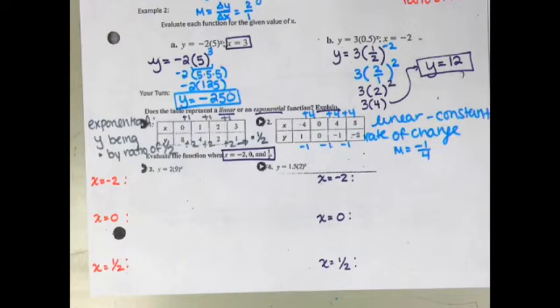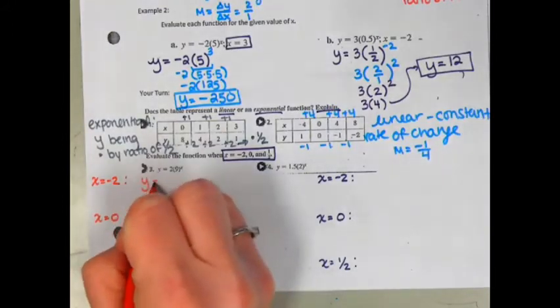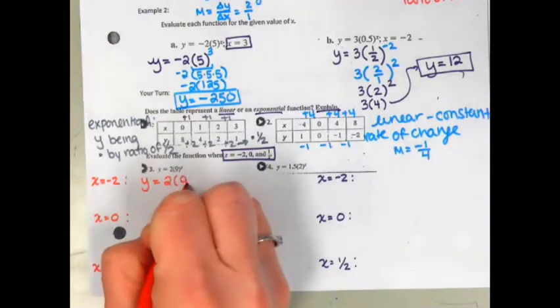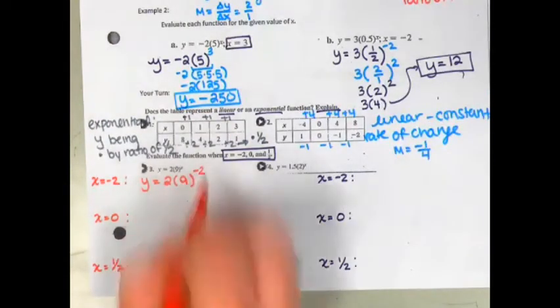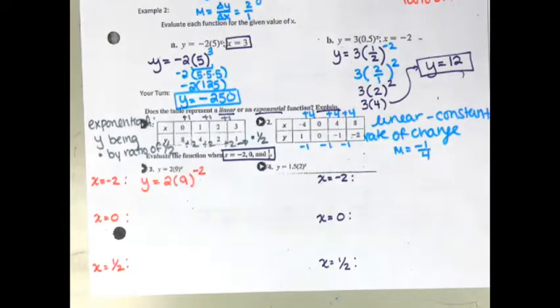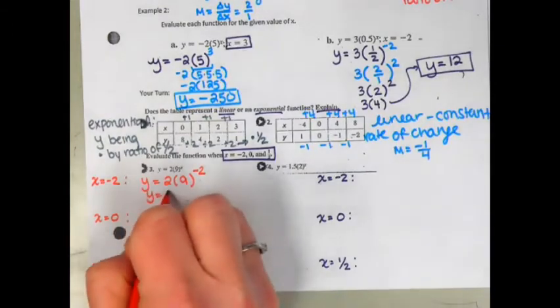Evaluate when x is -2, 0, and 1/2. So we're just plugging in, right? So y equals 2 times 9 to the -2nd power. We have a negative exponent. So how do I remove a negative exponent? Move it to the bottom, right?